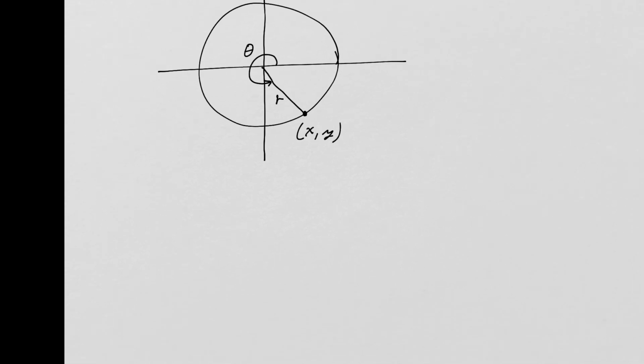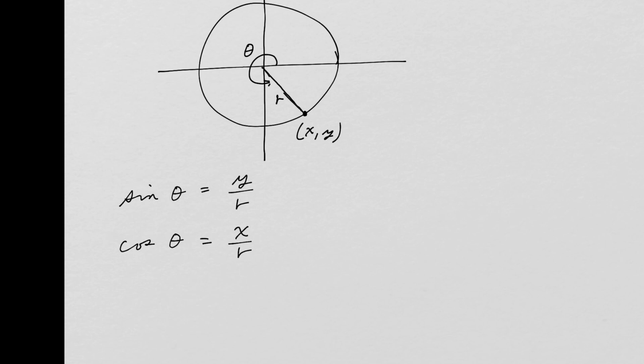So we know in general, let me draw this a little neater here. In general, by definition, the sine of the angle theta is equal to y over r. And the cosine of the angle theta is equal to x over r.